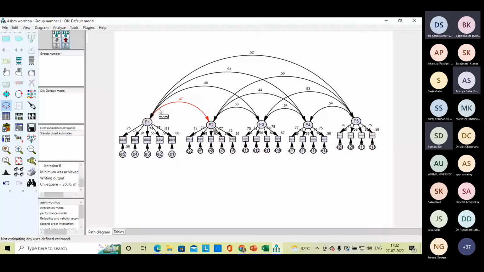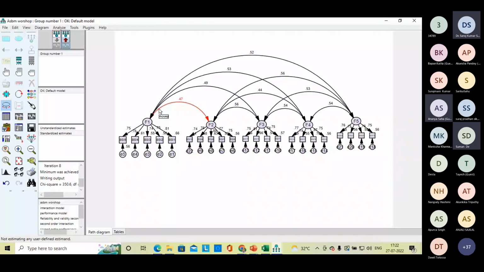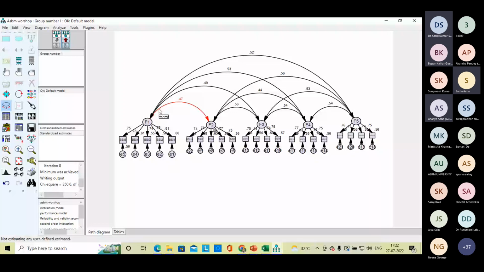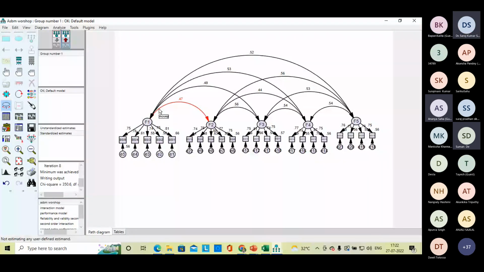F1 to F4. So this is what is called MSV, maximum shared variance. Got it? Yes, sir.